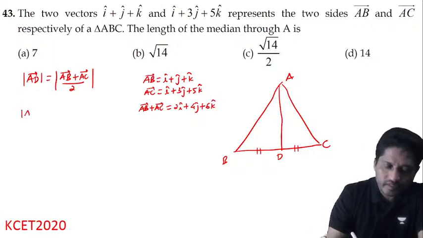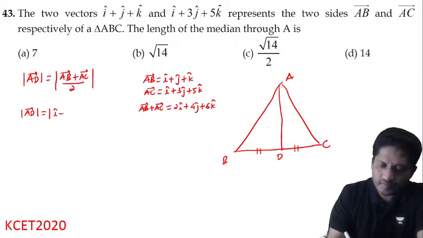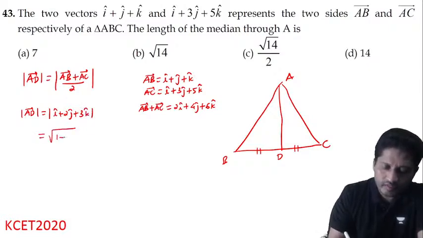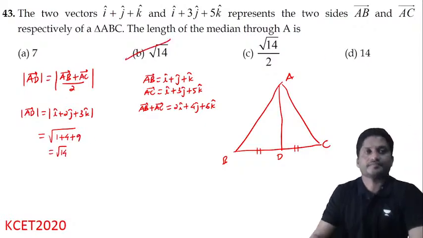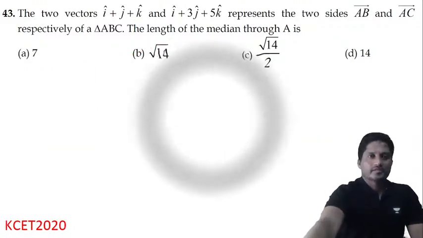Now if I divide by 2, you will get this as I plus 2J plus 3K. Modulus of this is equal to root of 1 plus 4 plus 9, which is equal to root of 14. Answer is option B. Let's move to the next question.